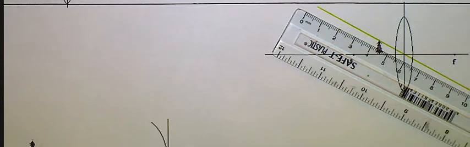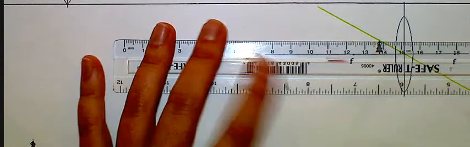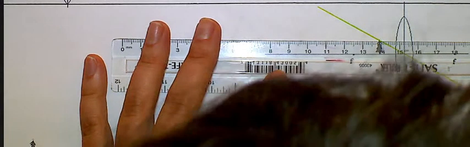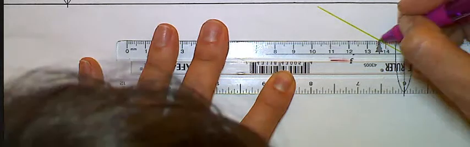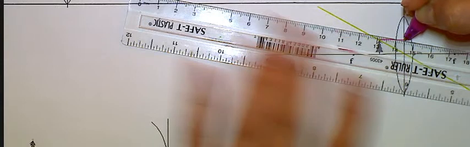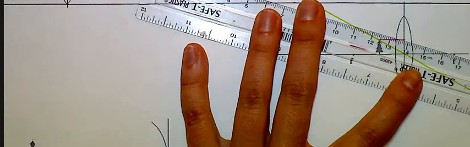Then the pink one goes parallel, and I'm making sure that I start at the same spot at the top of my tree, and I'm using my clear ruler to help make sure that I'm completely parallel. So I'm looking at the numbers here, how close the bottom of the numbers are to that axis. Straight over, it refracts, so it bends in through the focal point over here.